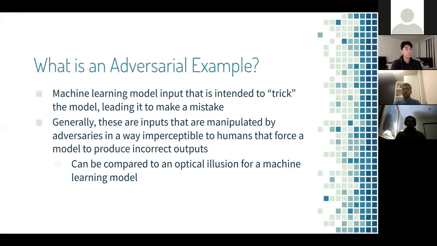So what is an adversarial example, right? Like I mentioned, an adversarial example is basically something that tricks a machine learning model and leads it to make a mistake. So what could this possibly mean? It could mean that, let's say you have an image classifier, right? And you feed a picture of a bottle. Usually it gets it right.